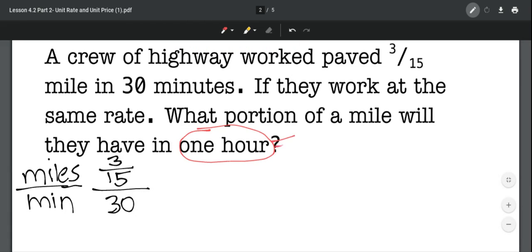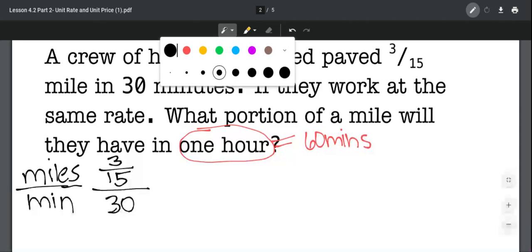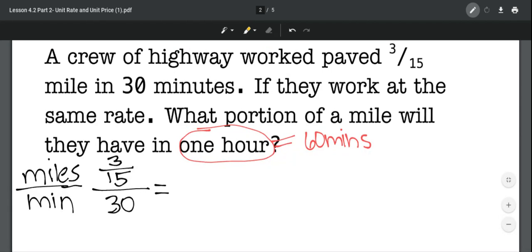Well, we know that 1 hour is equal to 60 minutes. So let us compare our basic proportion with 60 minutes, making m the number of miles in 60 minutes.